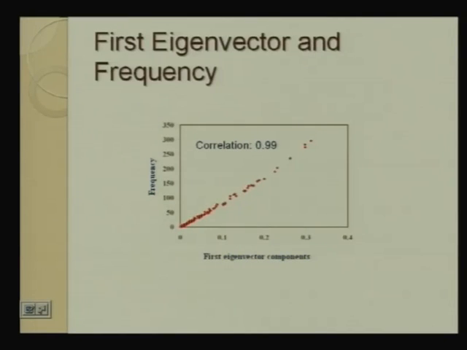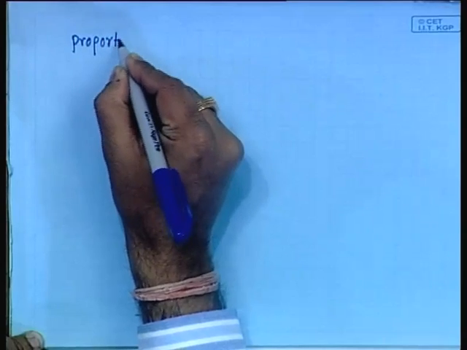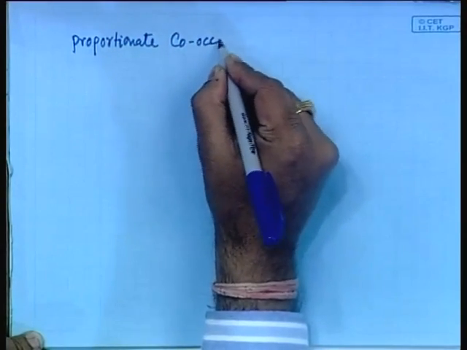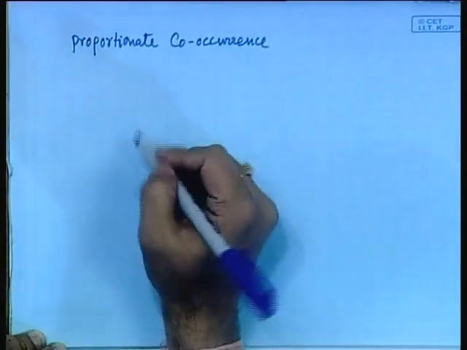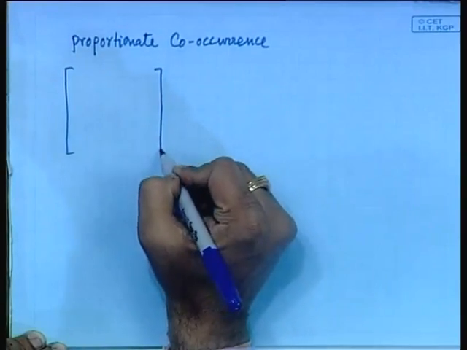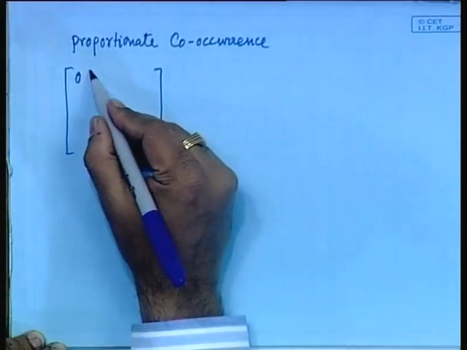Actually, what it is telling us is about something called proportionate co-occurrence. I will write the term first. I will explain this later, but I will take one extreme case first. Think of a matrix where this is a coactor matrix.